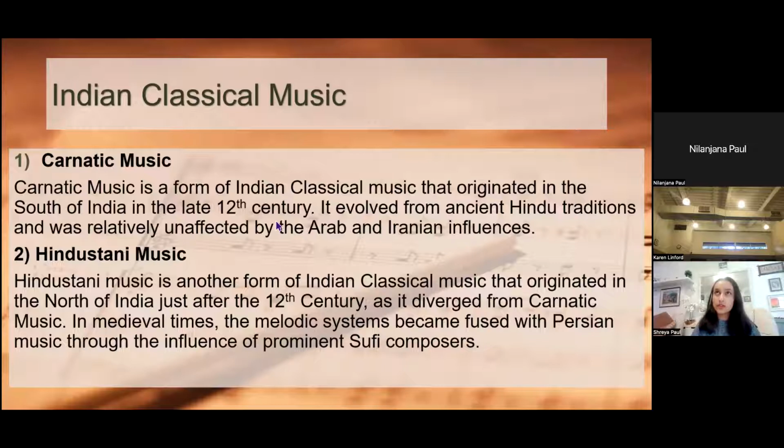An example is Tansen, who lived at the time of the Mughals, who ruled India over a period of time. He lived in the time of Akbar, one of the most well-known Mughal emperors. So that's the two sectors of Indian classical music, Carnatic and Hindustani.